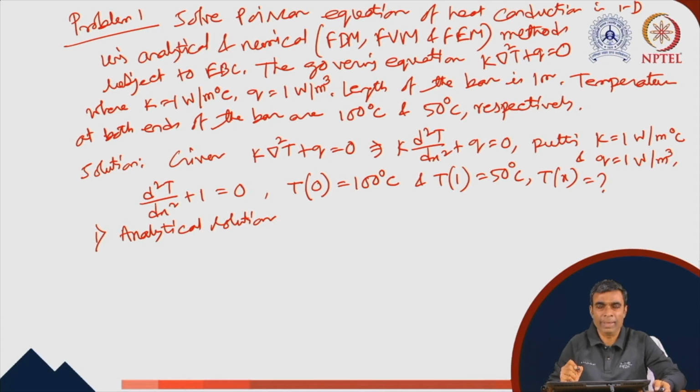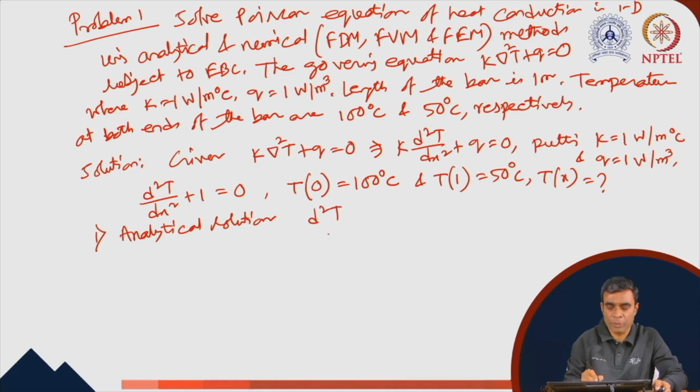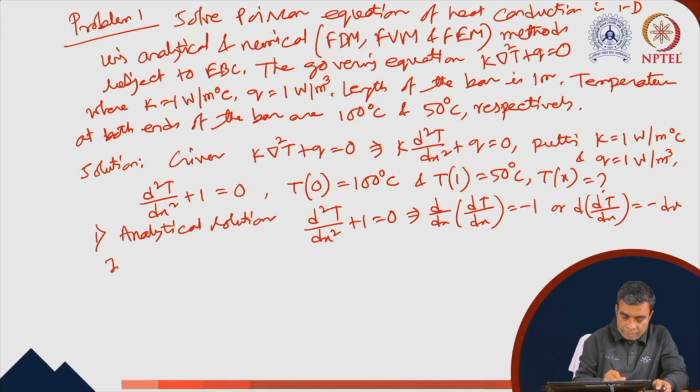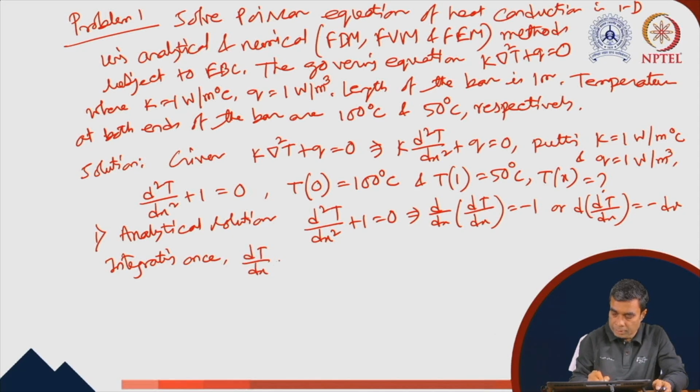By analytical method we shall find out the closed form or the exact solution. We write this equation as d2T/dx2 plus 1 equals to 0, or d/dx of dT/dx equals to minus 1, or differential of dT/dx equals to minus dx. Integrating once, we get dT/dx equals to minus x plus c1.